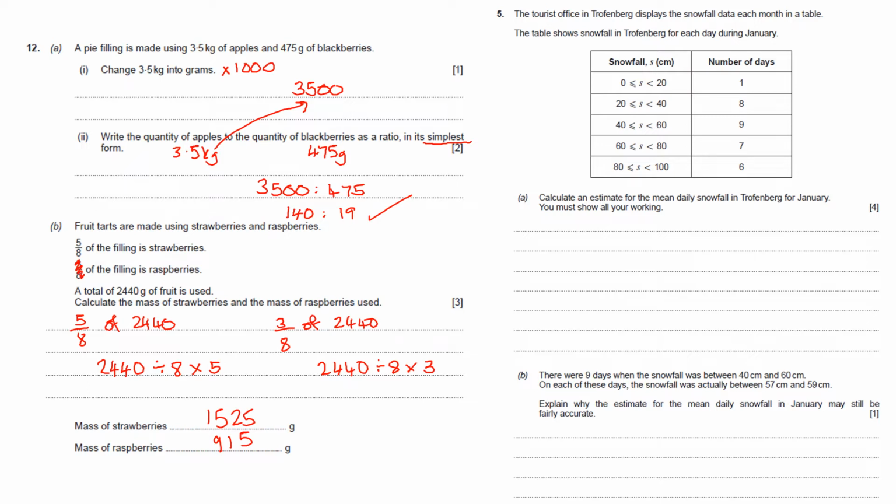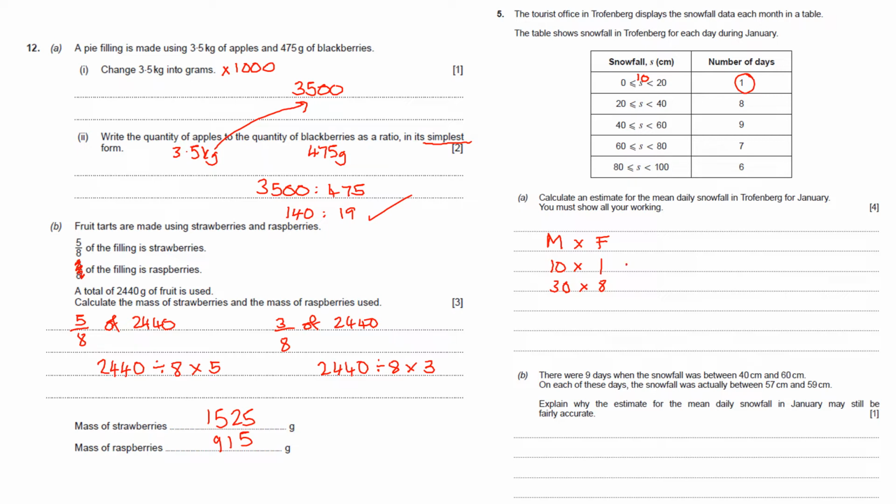You're looking to do the midpoint of each group times the frequency. The middle number in each group times the frequency. So the first group, 0 to 20, has a middle number of 10 times by a frequency of 1. Okay, the next group has a middle point of 30 but times it by 8 and so on. I'm not actually going to work this out. I'm going to save myself time.